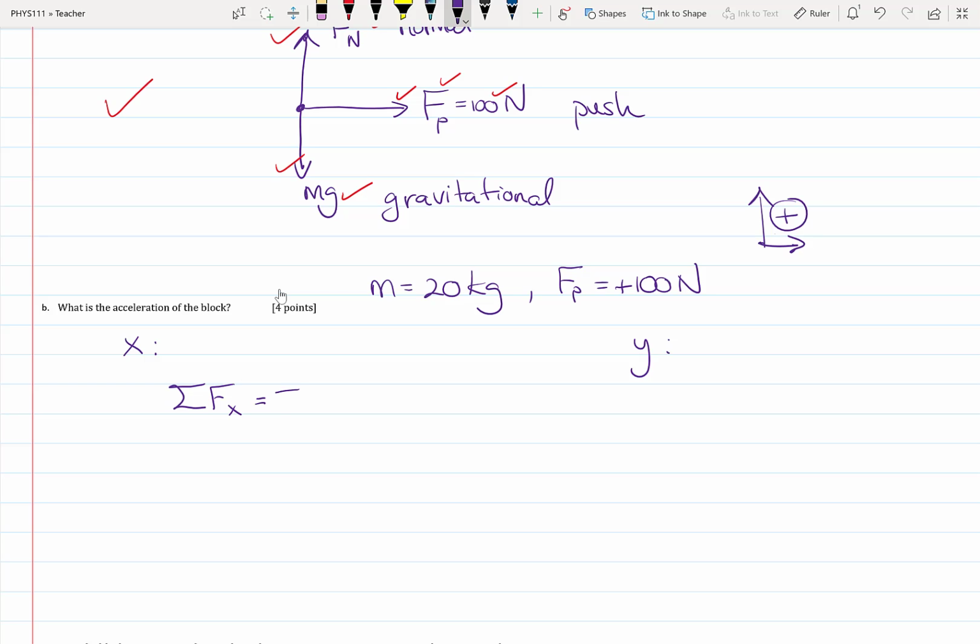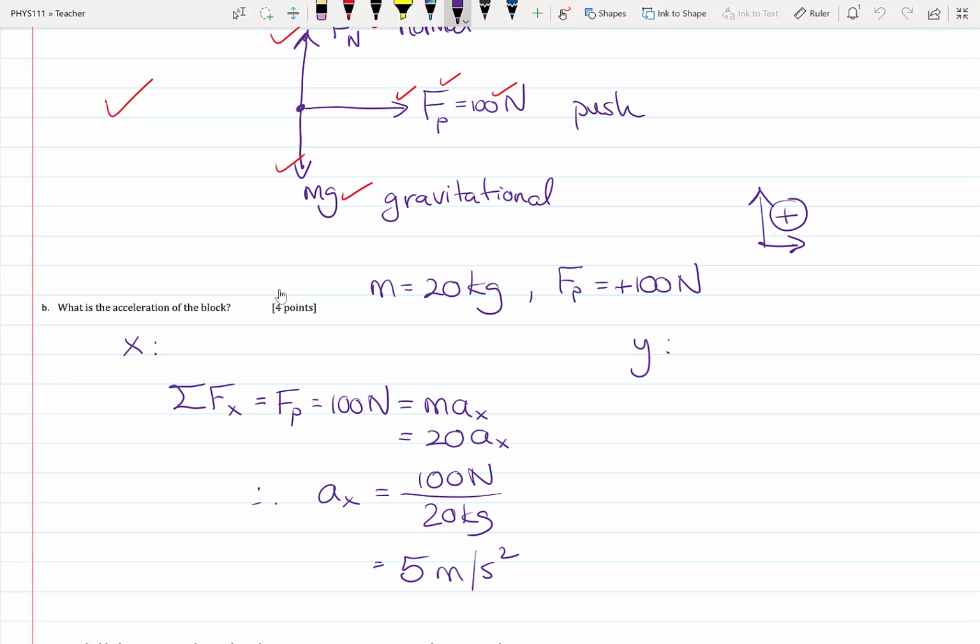So the sum of all the forces in x is Fp, which is 100 newtons, and that's going to equal max, or we can say 20 ax. Therefore, the acceleration of the block is 100 newtons divided by 20 kilograms, which is equal to 5 meters per second squared. Good news is we didn't need to do the y.